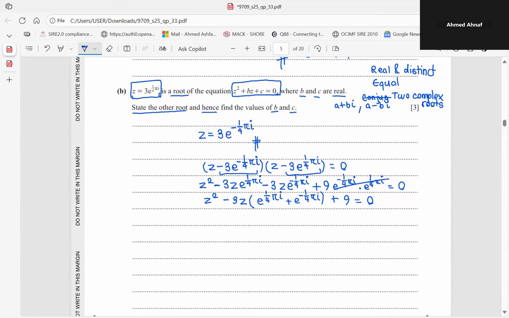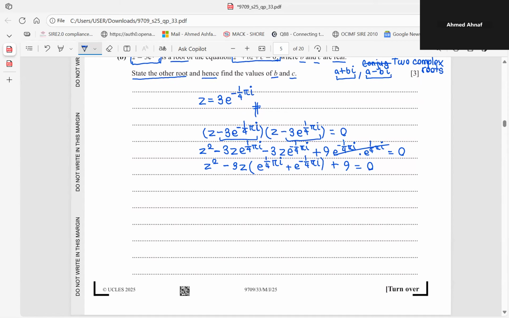The only way I can see doing this is to convert it into Cartesian form. So to do that, we're going to use this expression e to the power of i theta equals x plus iy, where x is cosine theta and y is sine theta.